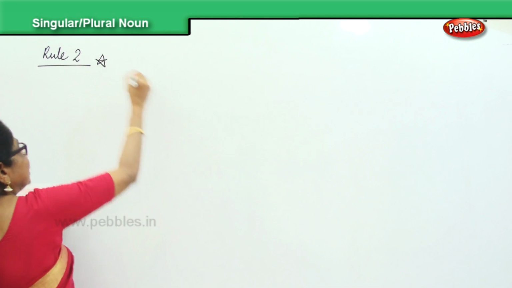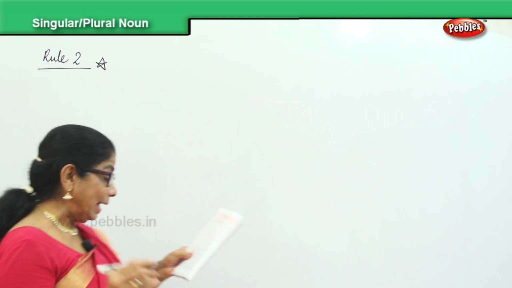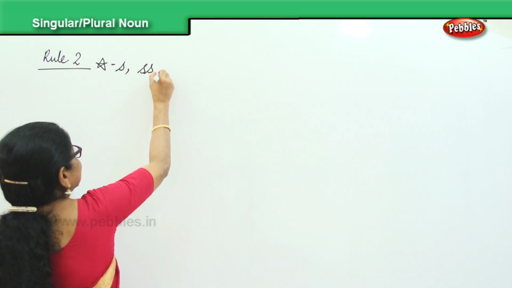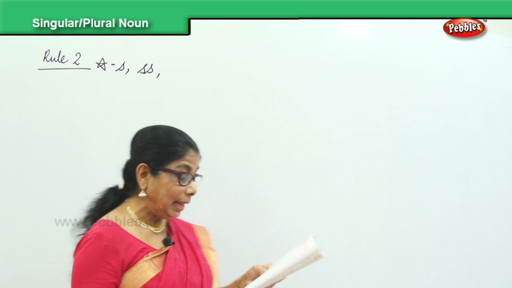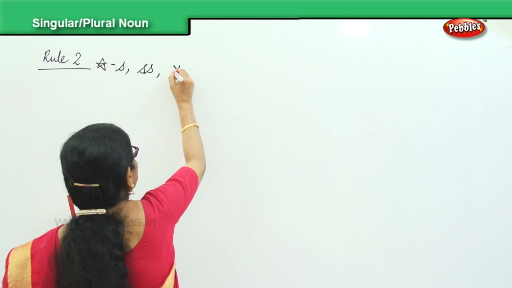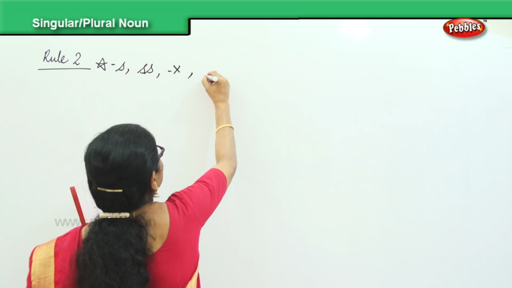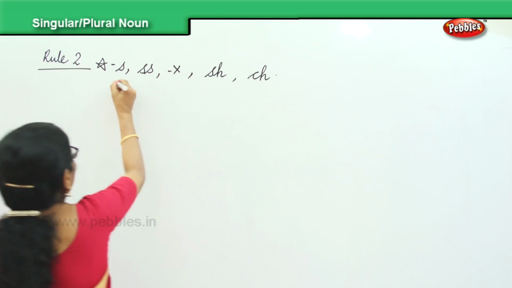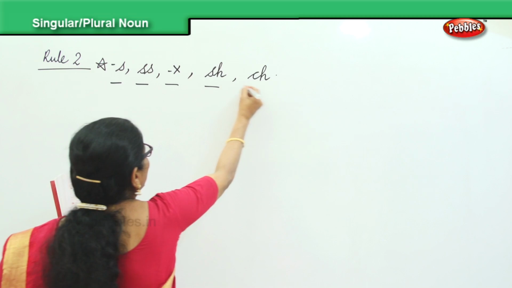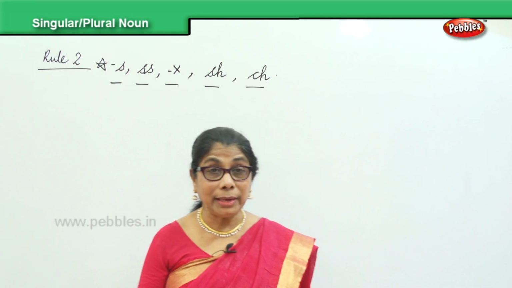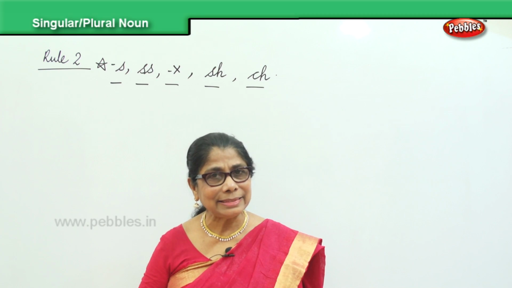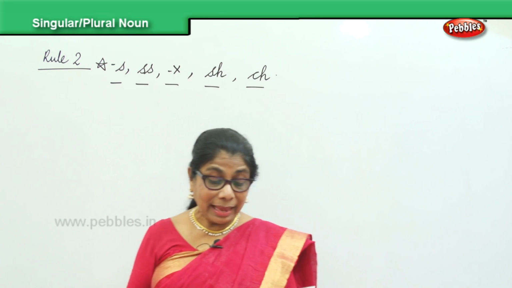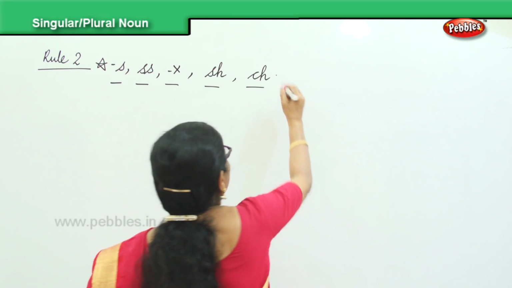What does rule number 2 say? Nouns ending in s, ss. So single s, double s, next x and sh and ch. So we have 1, 2, 3, 4, 5. The rule 2 is all nouns ending in s, ss, x, sh and ch form their plural.